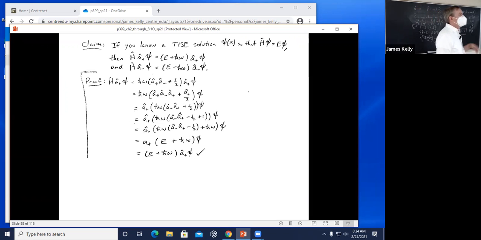And when you have a function of x and derivatives acting on a constant, the constant can just pass right through all the derivatives and functions of x. So I switched the order there.